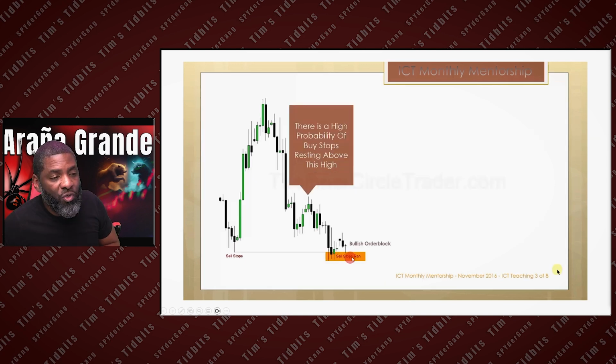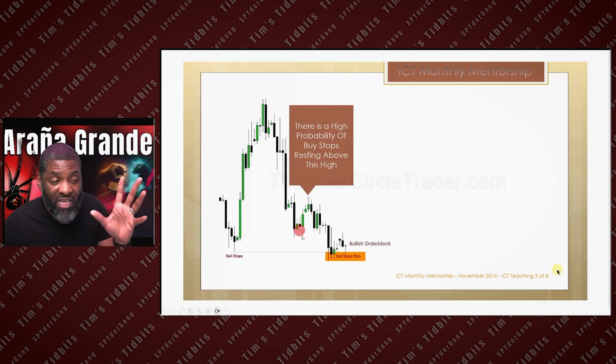Now let's continue. You have a bullish order block sitting right here. If you're anticipating getting in on this bullish order block, what do you need to have in place above you? Remember we said there needs to be some buy side liquidity in the market if you're bullish, sell side liquidity if you're bearish, somewhere you can pair your orders.